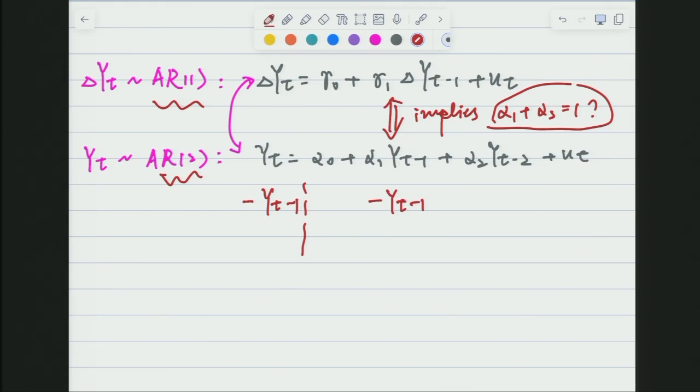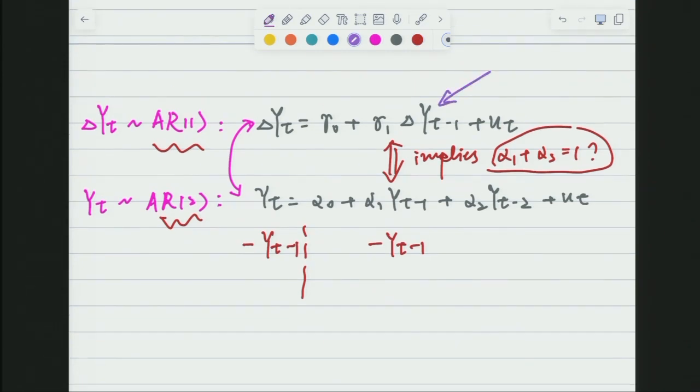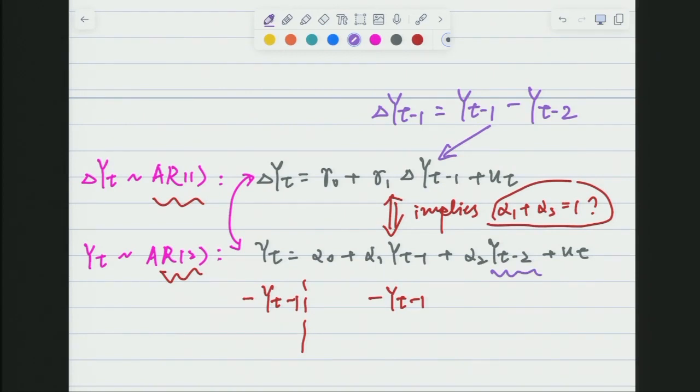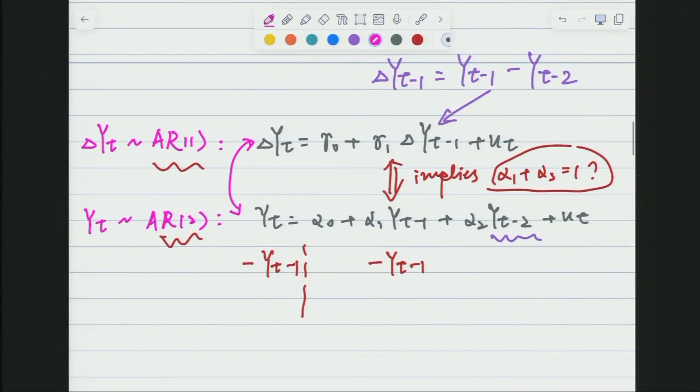Now observe that in the first difference equation, we don't have y_{t-2} entering directly, but instead it's included in delta y_{t-1}, which is the difference between y_{t-1} and y_{t-2}. So to write the AR(2) into a form similar to the first difference AR(1), we should pack the second lag into a first difference term, so that it appears in delta y_{t-1}.